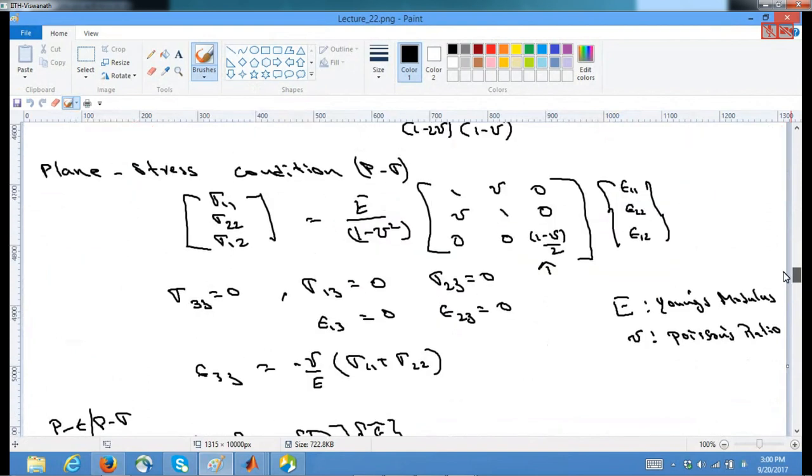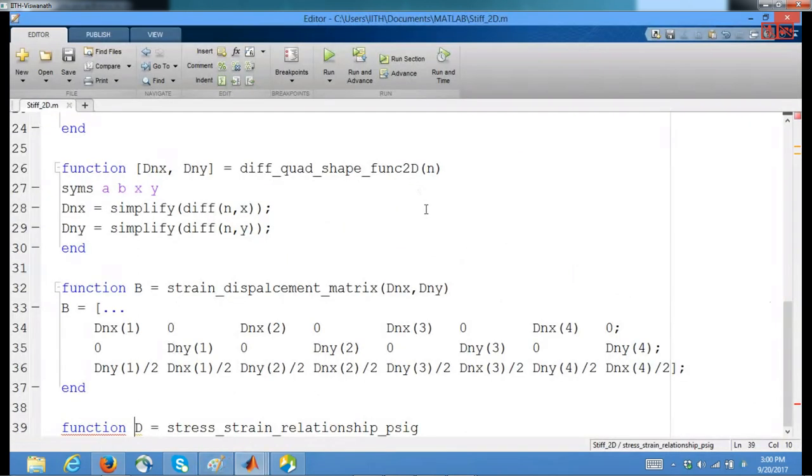For the plane stress relationship, it is given by E over 1 minus mu square times 1 mu 0, mu 1 0, 0 0. This is the relationship. So let me just write it here.